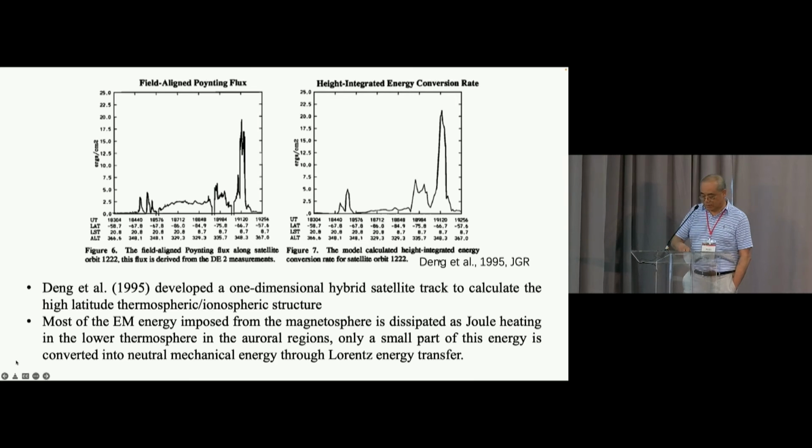So what you see is calculated, as Bob was talking about, from the Poynting flux, calculated from the electric field and the magnetic perturbations from DE2. Then you use this 1D satellite track model to calculate the Joule heating dissipation deposited in the upper atmosphere from the Poynting flux on top of the upper atmosphere.